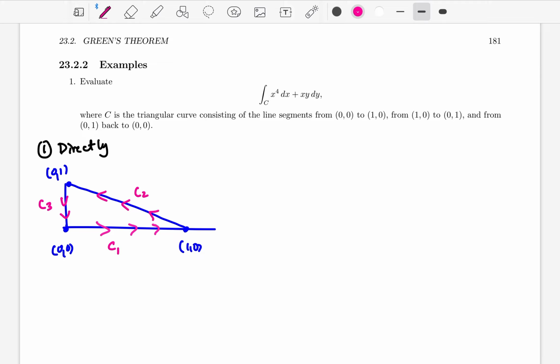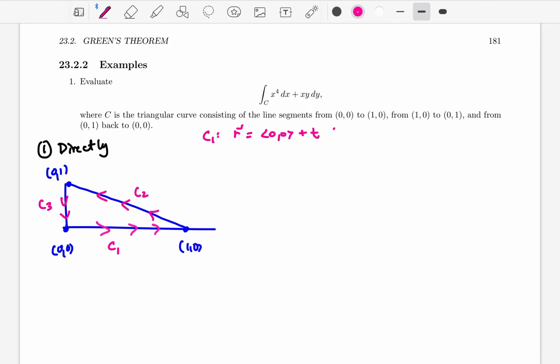Okay, so let's see, C1, you can just do it using the standard parameterization. This is a line, so this is the equation of a line. If you don't want to think too much, you just go, okay, I'm starting at 0, 0, and then I'm moving in the direction of 1, 0. So my direction vector will be 1 minus 0, 0 minus 0.